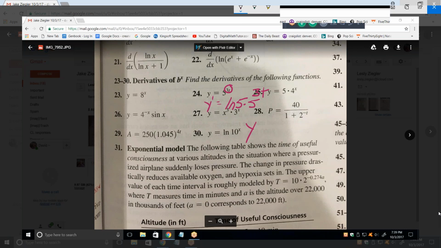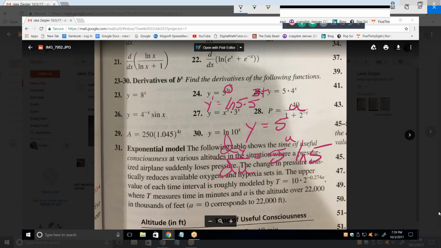In other words, if I had y equal 5 to the u, then I could certainly figure out what dy du is. That's going to be 5 to the u times the natural log of 5, right? But I didn't figure out dy dx. I figured out dy du. I got to figure out du dx also in order to come up with dy dx.